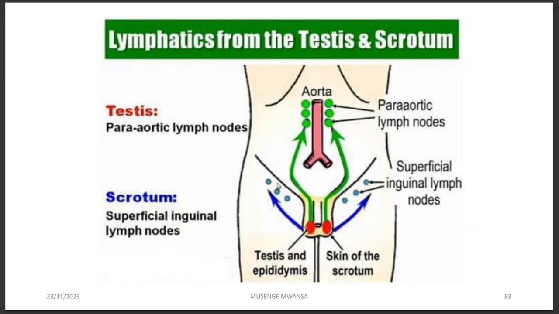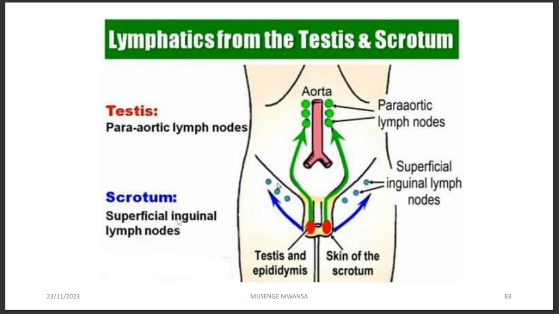Okay. The lymphatics of this same region we are talking about, the groin. So from the testis, you are going to have the para-aortic lymph nodes. The testis will be able to take their lymph to the para-aortic lymph nodes. You can see these are just parallel to the aorta, the para-aortic lymph nodes.